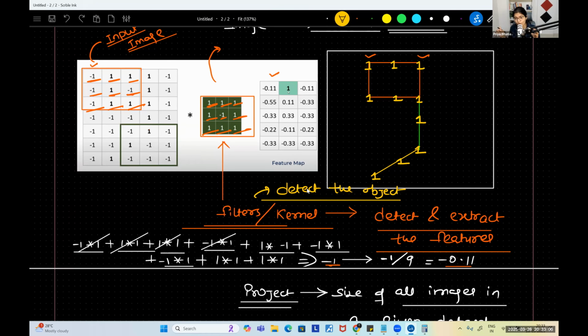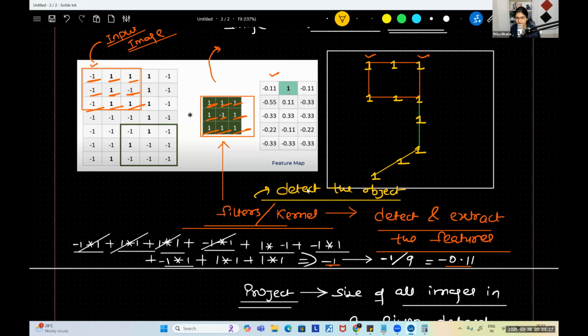Is this filter the same for all the models? It's not the same. Again, I'm repeating my point. Whatever specific thing you want to detect, accordingly your filter might change. This is a fixed value which we, as a user or developer, don't need to remember. Everything is already predefined in the code.